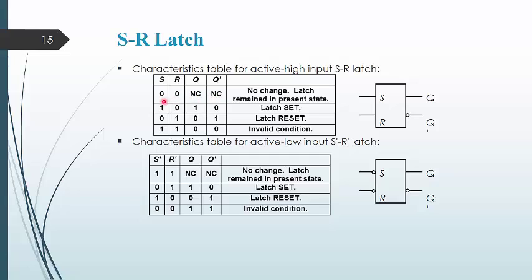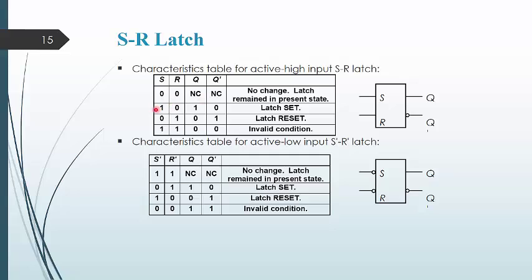What we discussed in words in the previous two slides, we have presented here in the form of a table. For the active high SR latch, when both inputs are 0, the present state will be the previous state value, in other words the previous value continues as the present state.